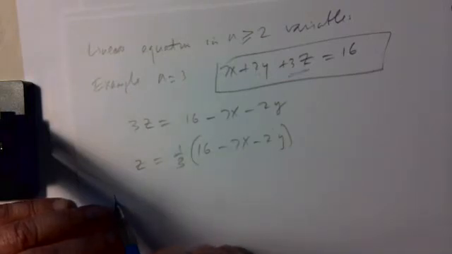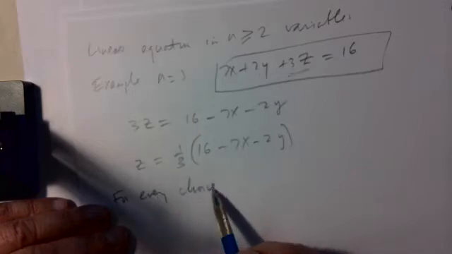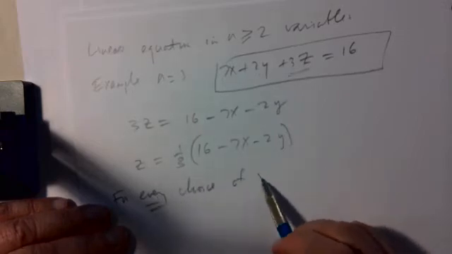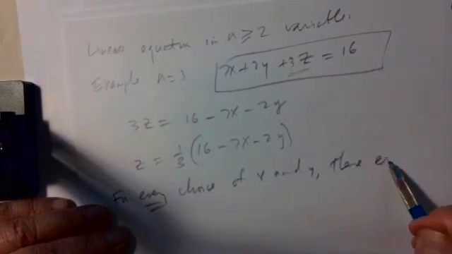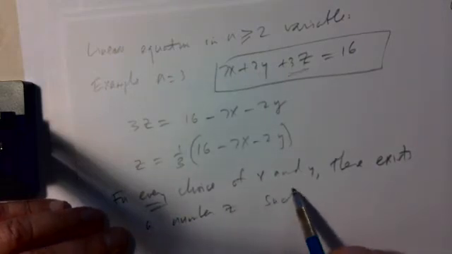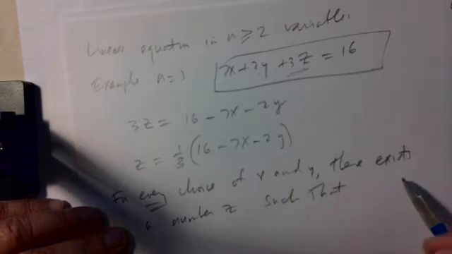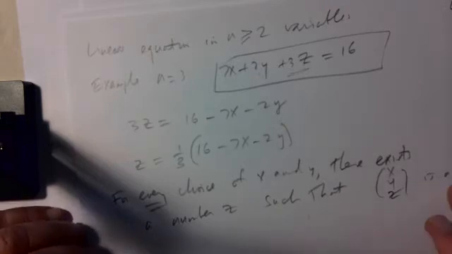And what this says is for every choice of x and y, there exists a number z such that the vector x, y, z is a solution.